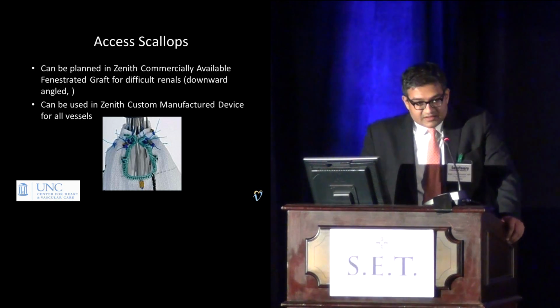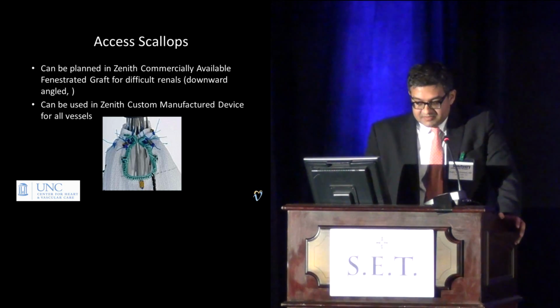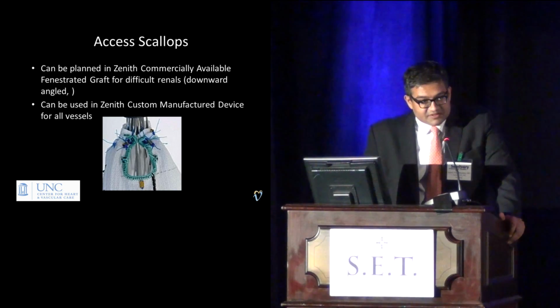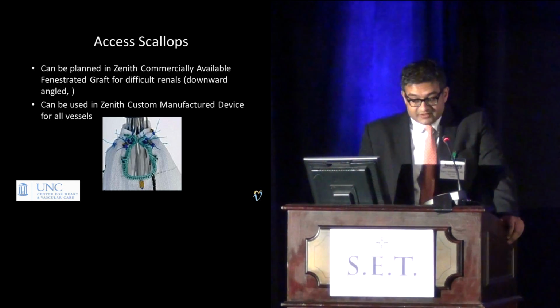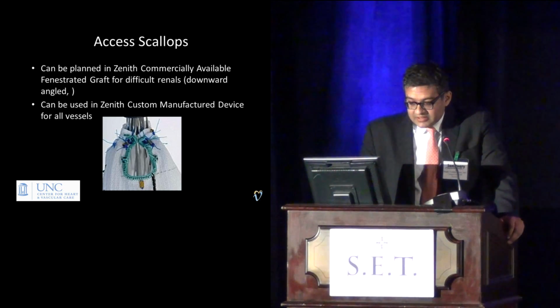So access scallops is a use of a scallop, and this could be both in the Zenith fenestrated device to allow cannulation of the difficult visceral vessels or downward angled anatomy.